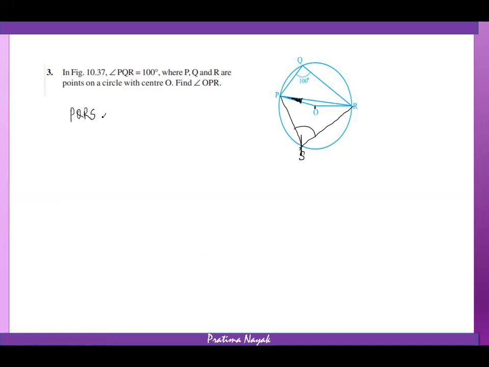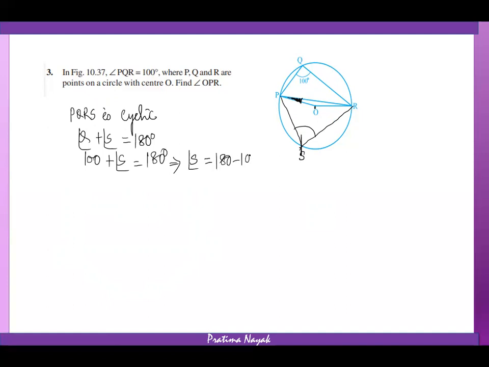PQRS is cyclic. So Q plus S is equal to 180 degrees. Q is 100 plus S is equal to 180 degrees. This gives you S equal to how much? 180 minus 100, that will be 80 degrees.